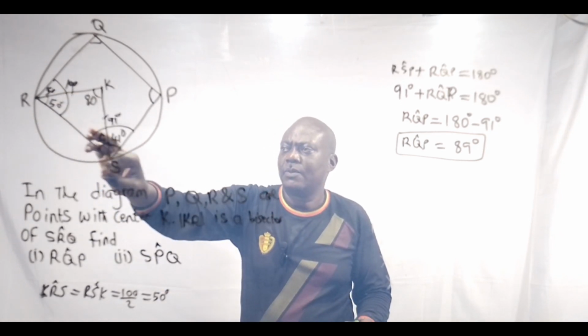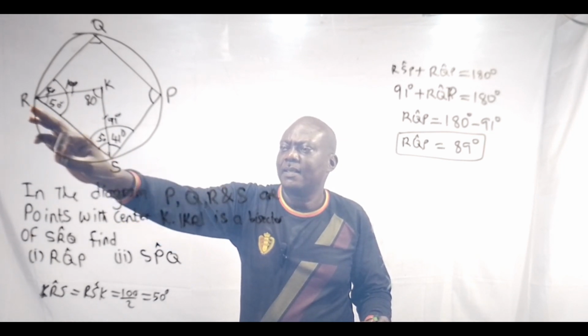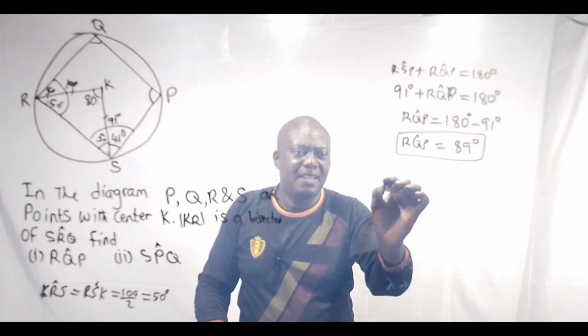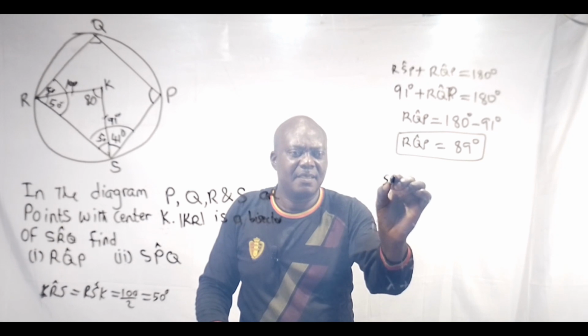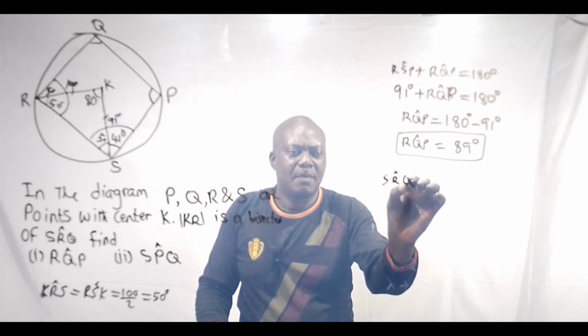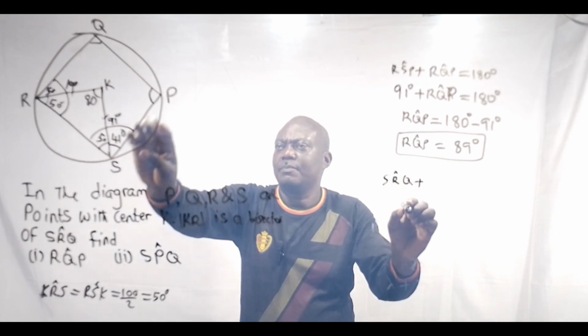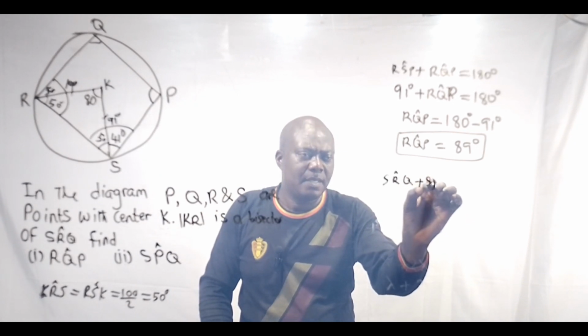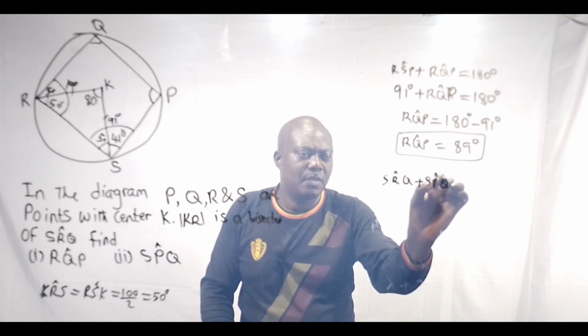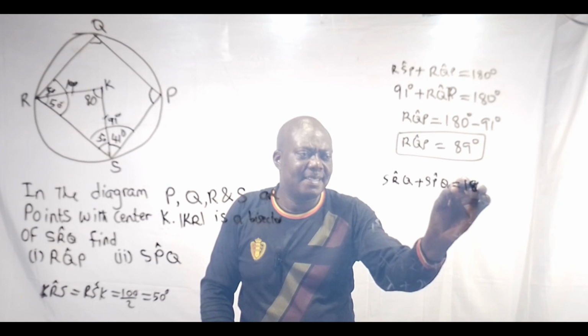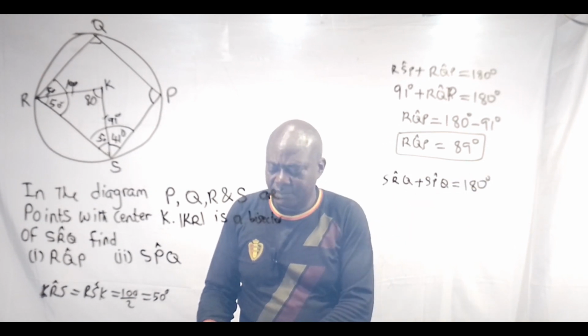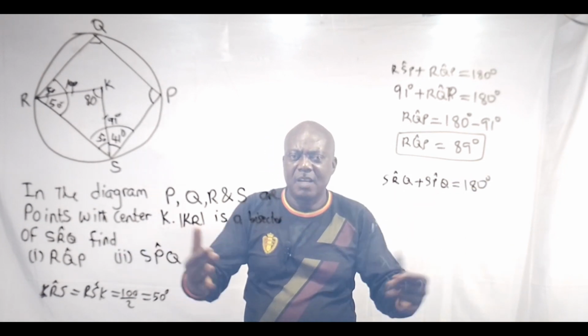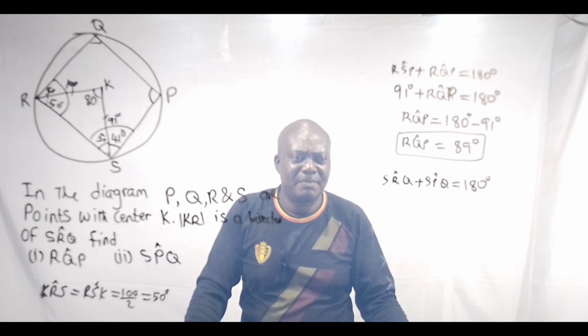Yes. So angle SRQ plus angle SPQ equals 180 degrees. Reason: opposite angles of a cyclic quadrilateral.